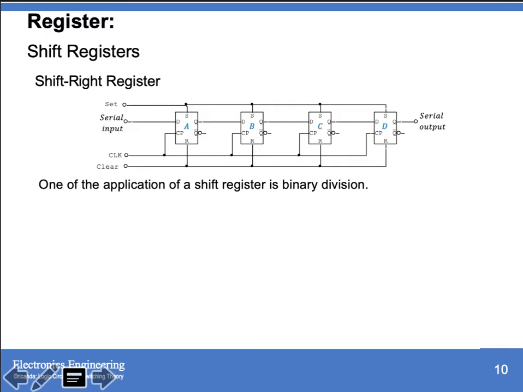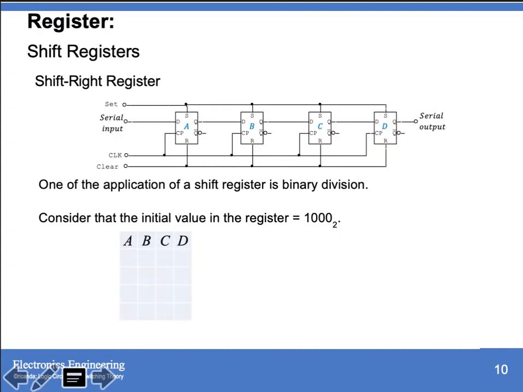If we consider a 4-bit register, with A, B, C, and D, that has an initial value of 1000, then we have an input which is equivalent to 0, connected to your D latch with designation A. And the numerical value of your initial data inside your register is equivalent to 8.